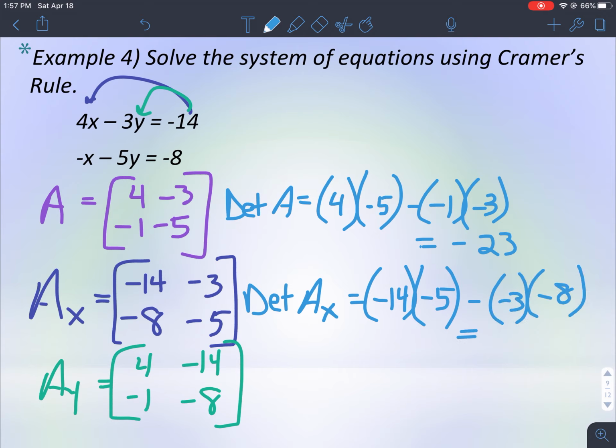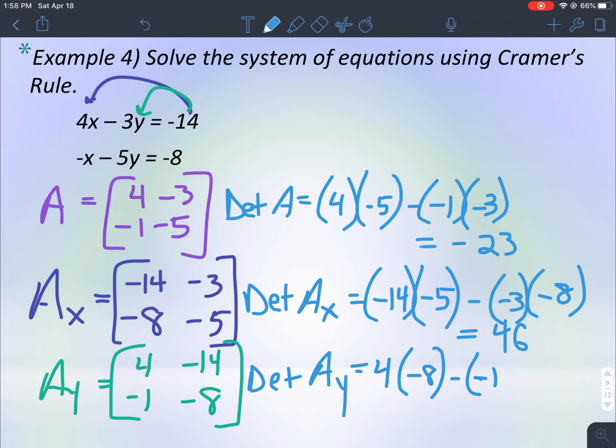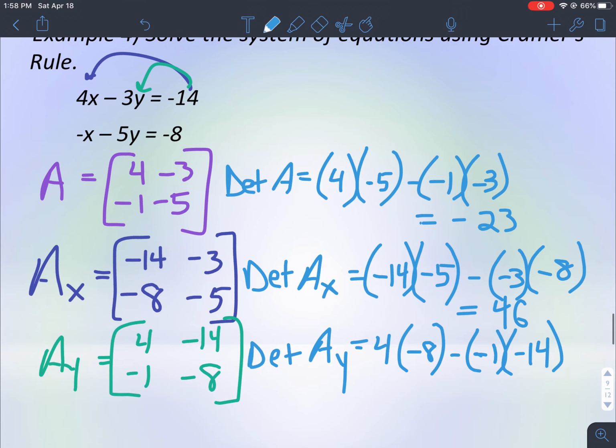That should be 46. And then the determinant of the final augmented y coefficient matrix. That should yield an answer of negative 46.